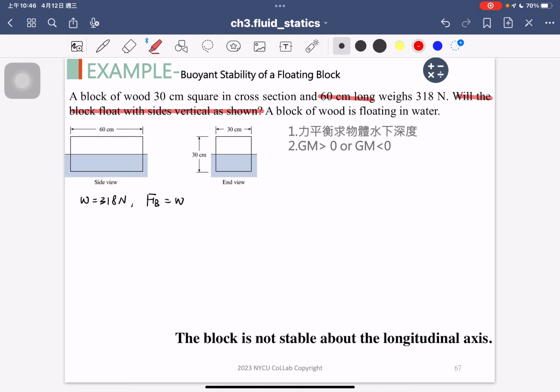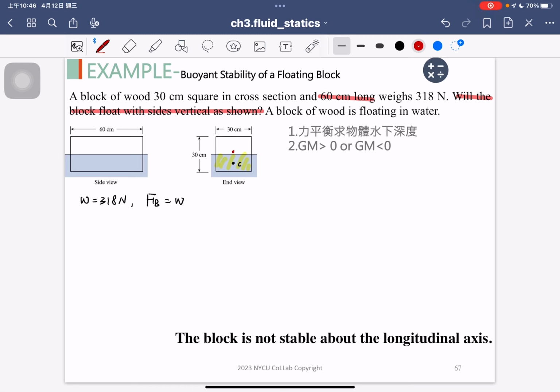So first we need to find out some important things, because there is a displaced volume, right? And the center of the displaced volume is our C point. And we should have the G point, right?